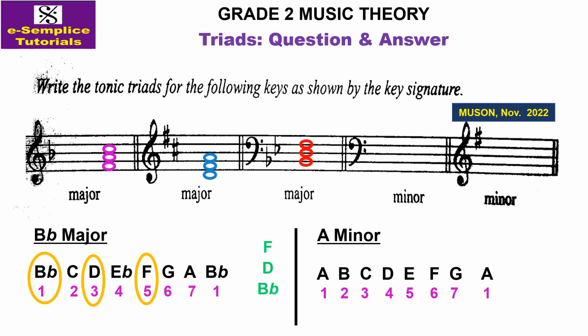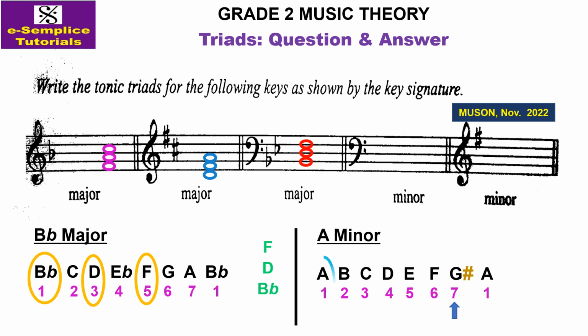Now, as a default, as standard practice, the seventh note in a minor scale must be raised when writing triads. If you raise G, you'll have G sharp. It's standard practice when writing triads.